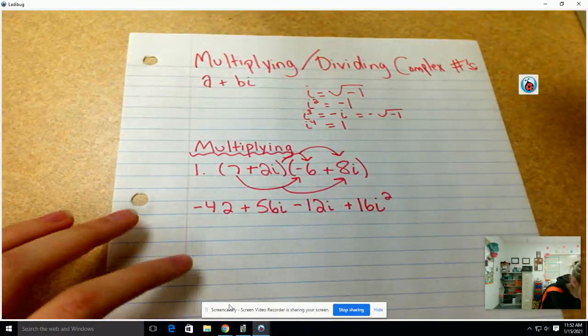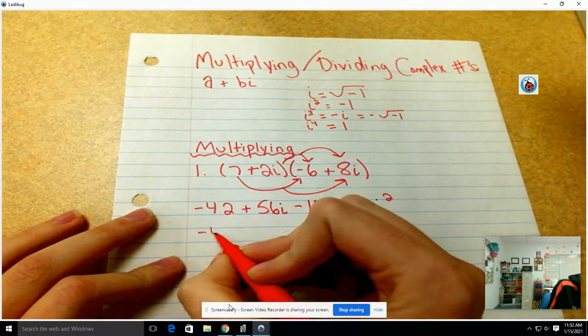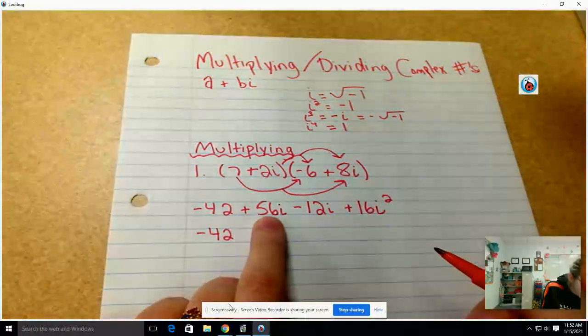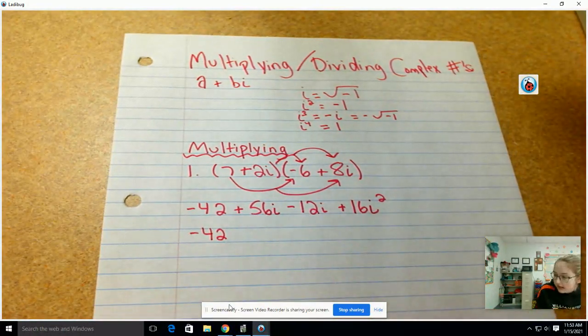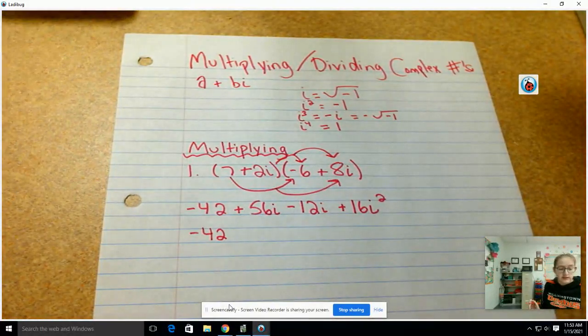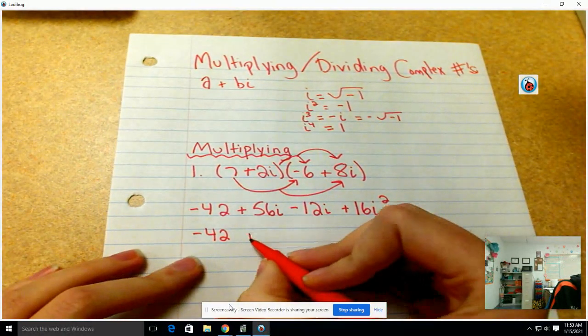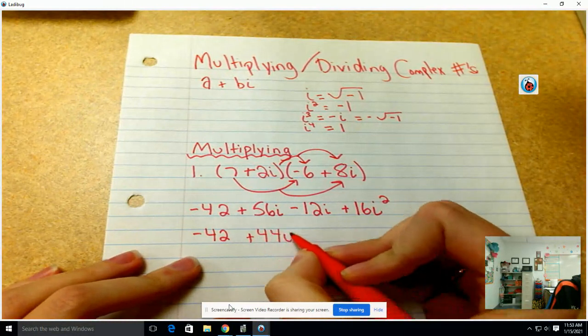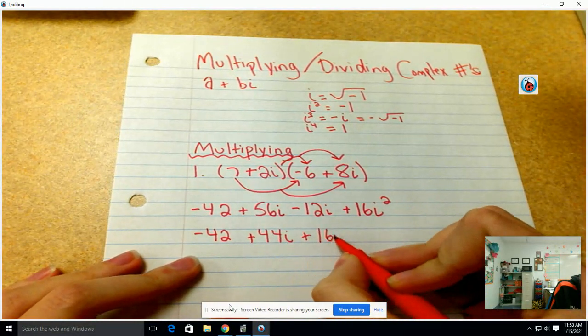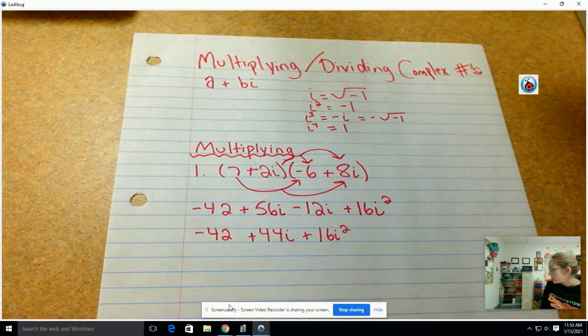So we can go ahead and combine our like terms. So we're going to have -42. 56i minus 12i is going to give us 44i plus 16i squared. But remember, we want this in simplest form.